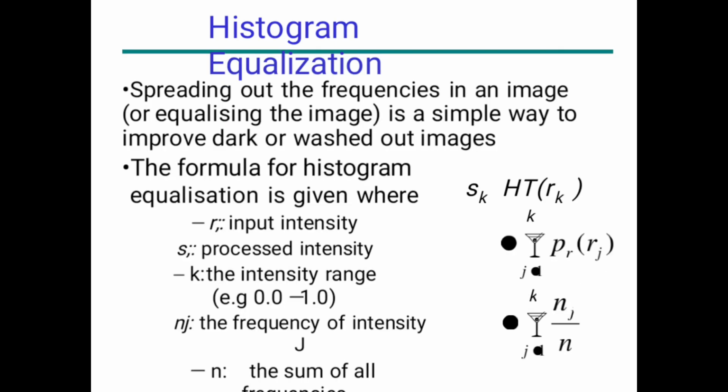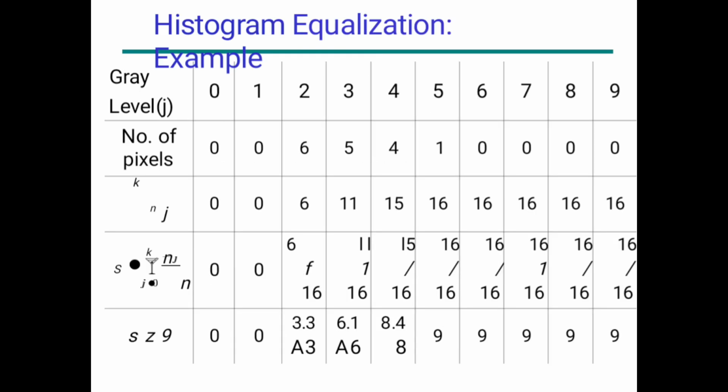Next we see the histogram processing with an example. Normally each and every image is represented by a matrix of pixel values. For example, in a 4x4 matrix we have 16 pixel values. These pixel values vary from 0 to 9 in our example input matrix.